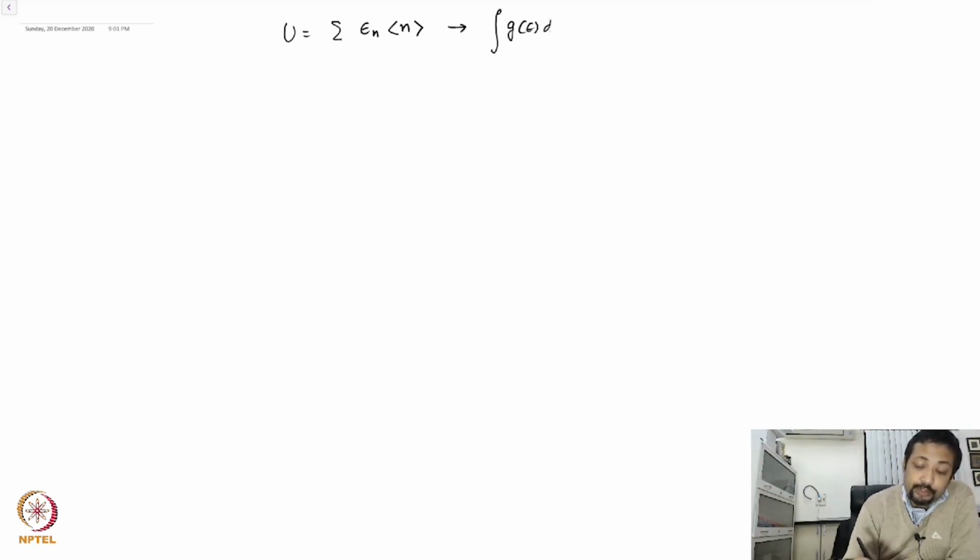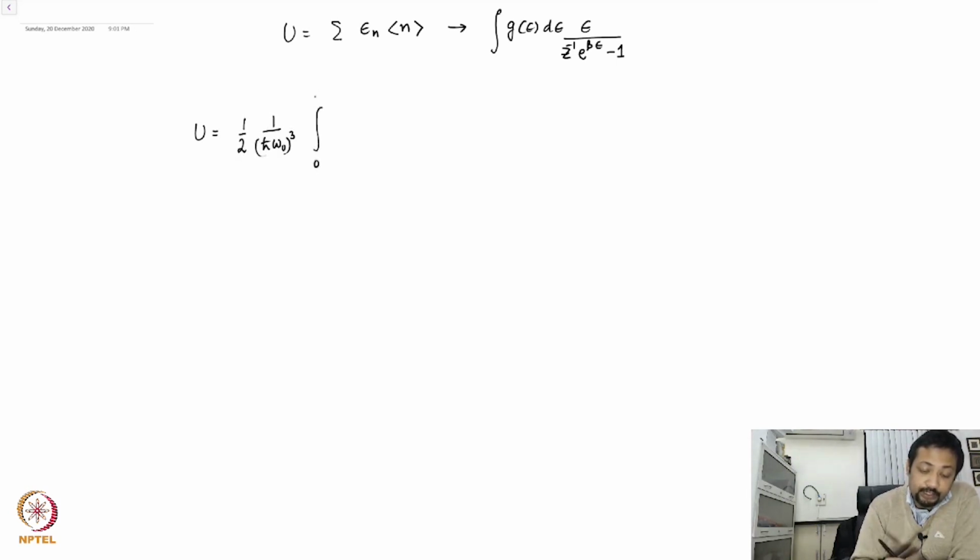This goes to the integral of g epsilon d epsilon times epsilon divided by z inverse e to the power beta epsilon minus 1. So we write g epsilon as half of 1 over h bar omega naught whole cube, integral 0 to infinity d epsilon, epsilon square times epsilon divided by z inverse e to the power beta epsilon minus 1.